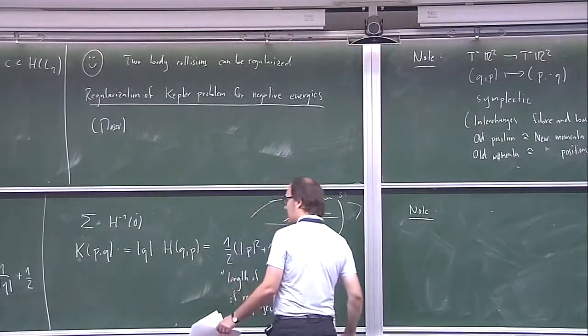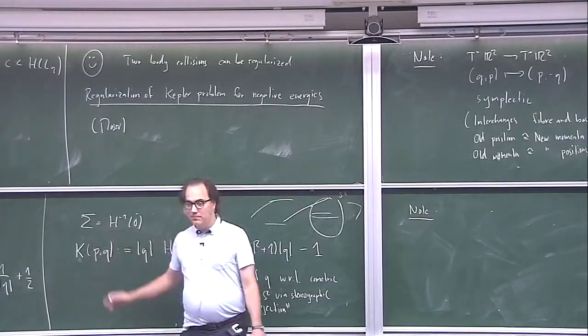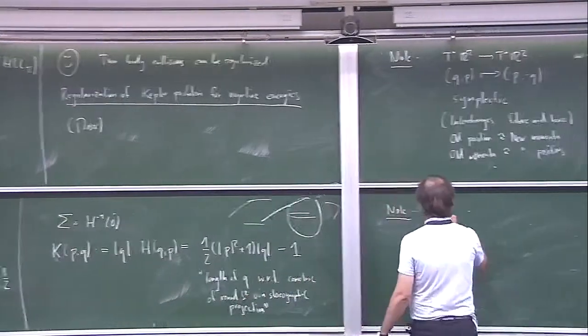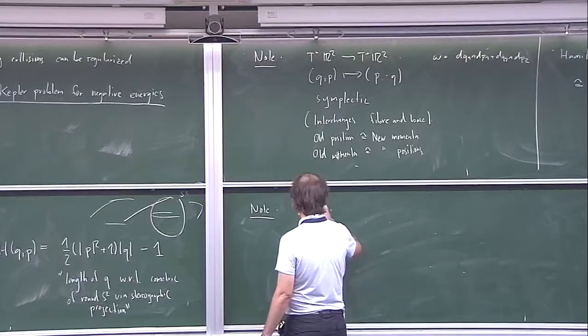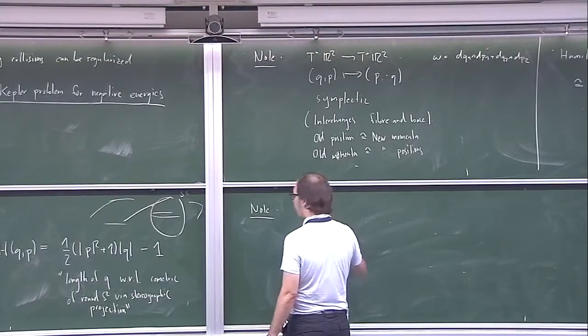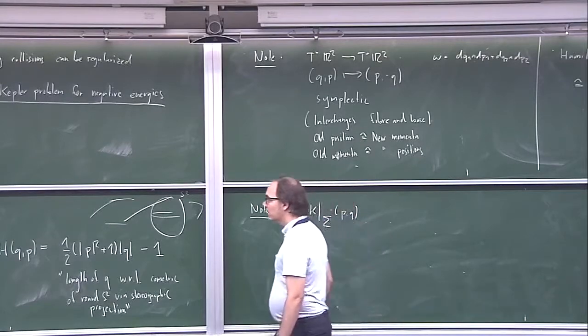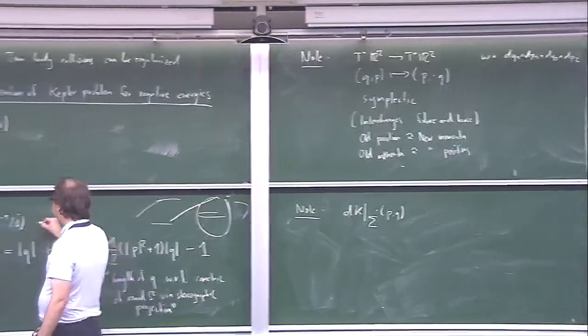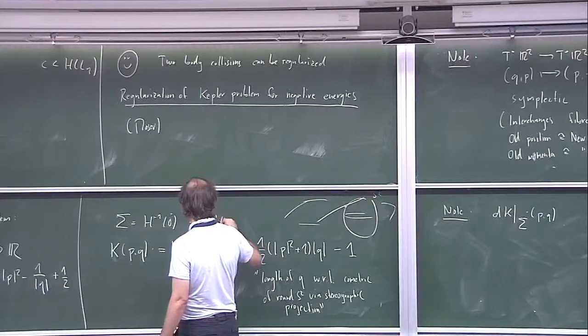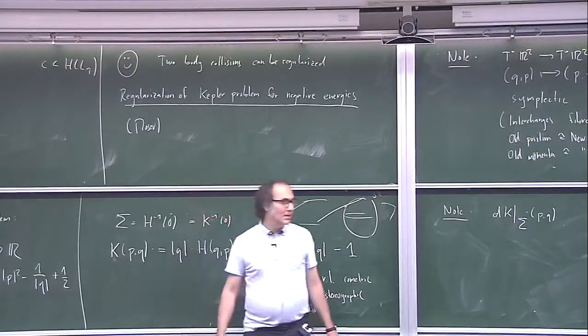But if we now just restrict to sigma, so if we look at K restricted to sigma, PQ, and this sigma we can also think of as K inverse of 0.